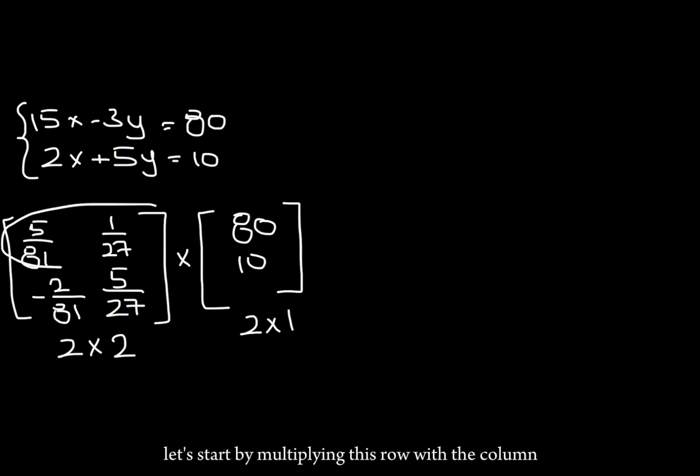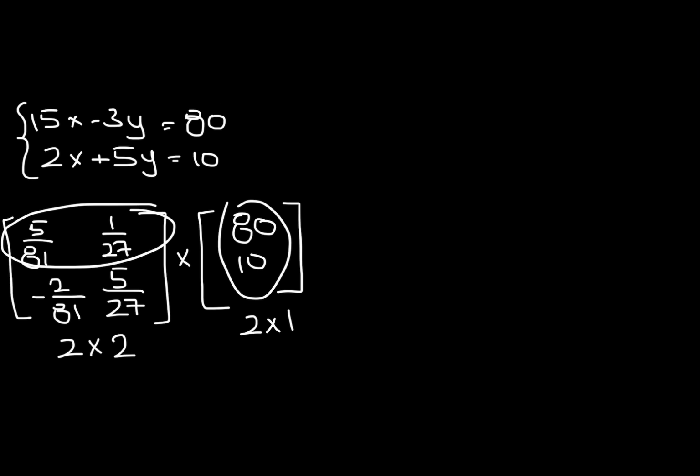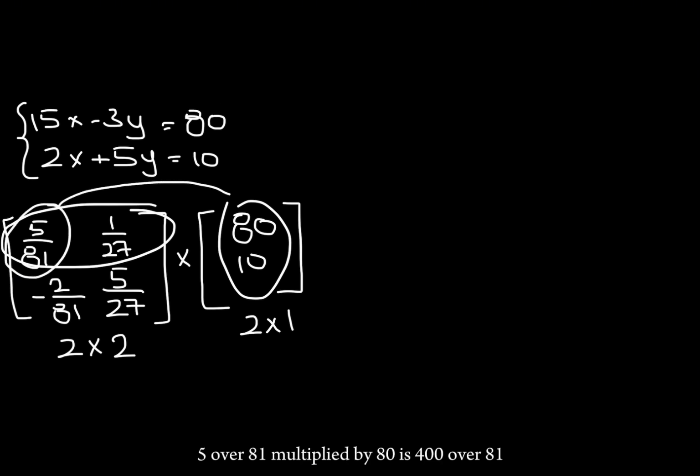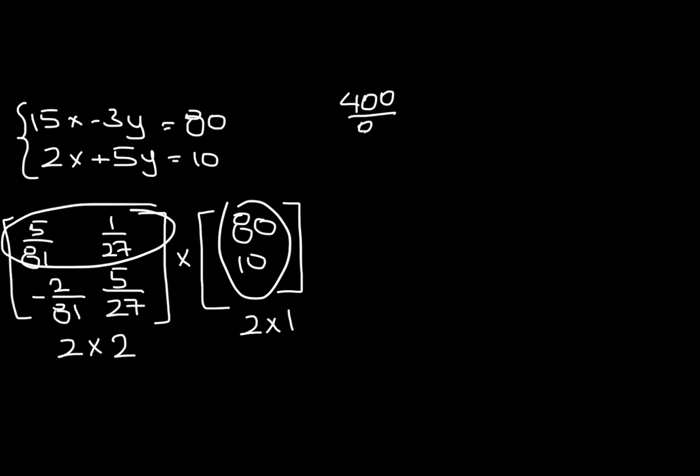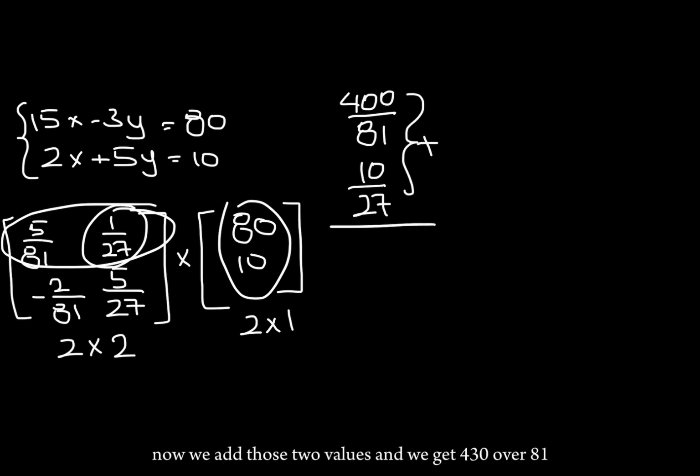Let's start by multiplying this row with the column. 5 over 81 multiplied by 80 is 400 over 81. 1 over 27 multiplied by 10 is 10 over 27. Now we add those two values and we get 430 over 81.